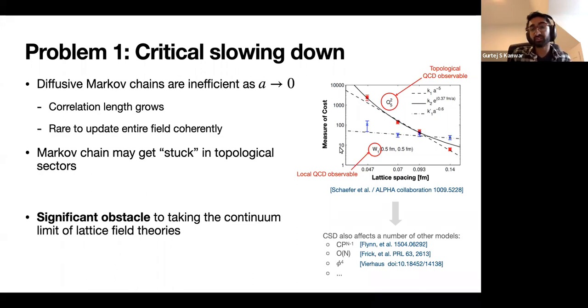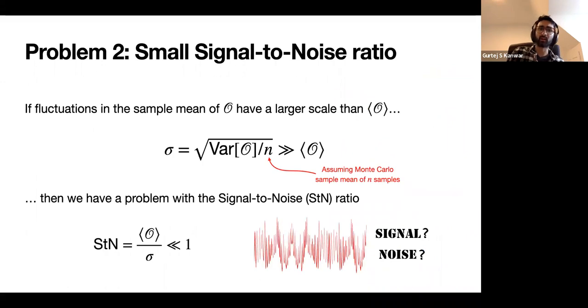And so this is a significant obstruction, essentially, to modern day calculations, and one that improving ensemble generation seeks to solve.